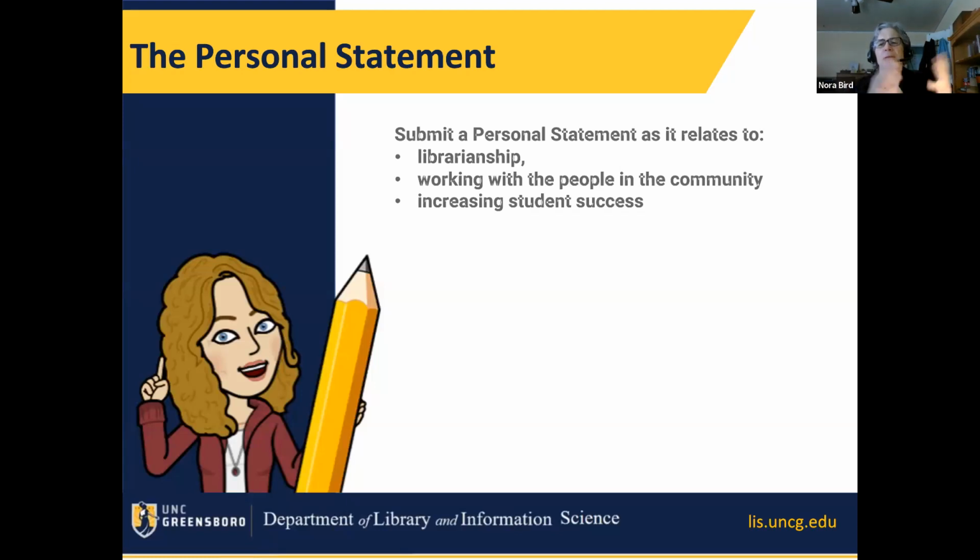Because you need to talk about librarianship, what interests you about it, working with people in the community, whatever community you want to serve, whether it's by working in an archive or working in an academic library or working in a school library. What is your connection to that population and how do you want to serve them? For Sarah, you want to talk about those students, increasing their success, but it can also apply to academic libraries as well. You want to think about who you want to serve and how you want to make that connection with them.